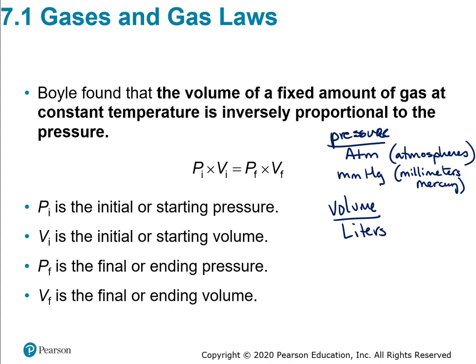Boyle found that if you have a gas at initial pressure and volume, and you change one of them, the other one will change to create this inverse proportion. I think of it as P1 V1, because that's the initial, equal to P2 V2, which is the final.